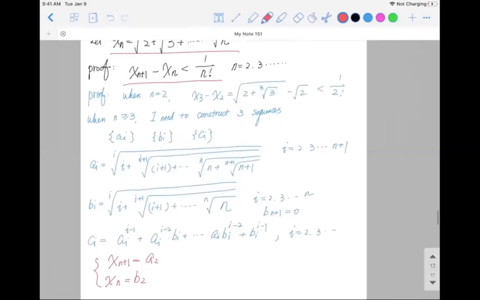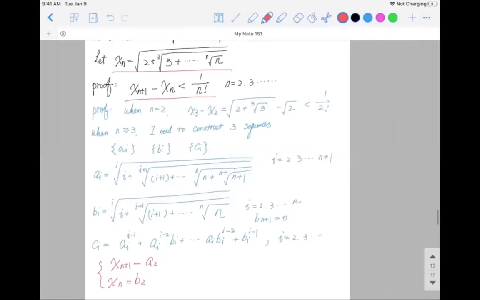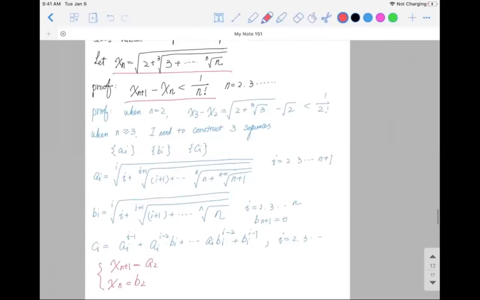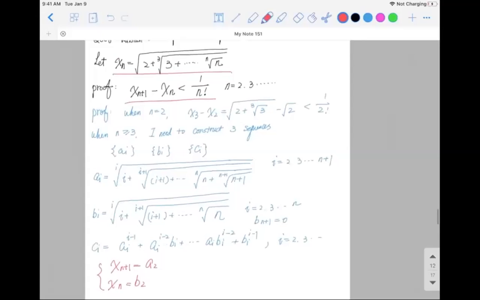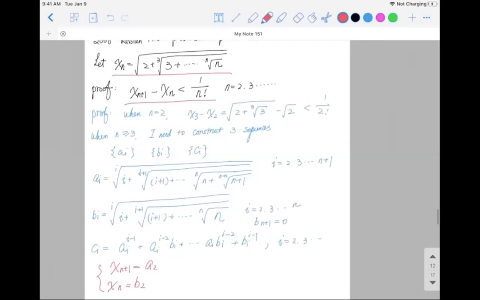Let's have a quick observation. A2, okay, x n plus 1 basically means that I'm going to do this all the way to n plus 1. Look at the first line of my screen. So this goes all the way to under root n plus under n plus 1 root n plus 1, right? So this will be exactly the same as A2, because my AI starts from I equal to 2, 3, 4, all the way to n plus 1.